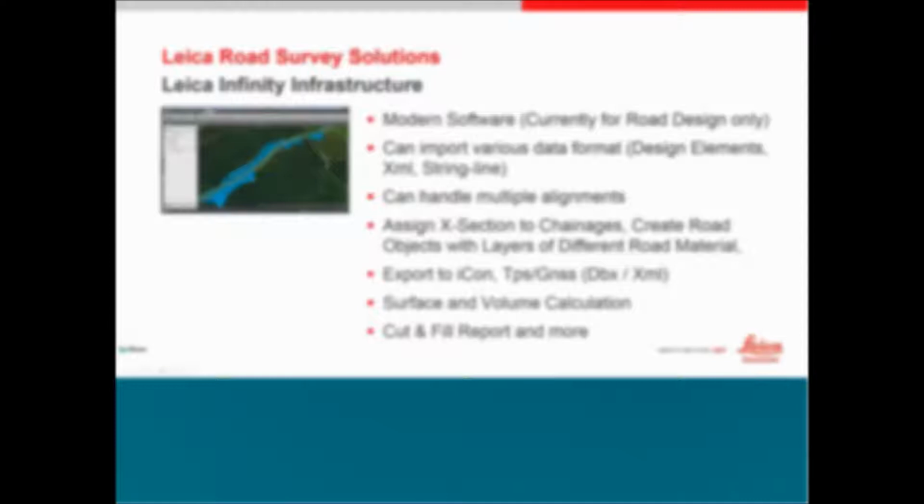If we have many lines of roads or sections of road with different alignment names, we can input them, and it can handle many alignments at the same time. We can assign the cross-section chainages and create road objects. Because the road consists of different layers, you can create different layers using the create road objects tools in Leica Infinity.